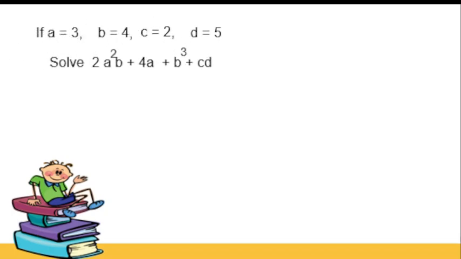Solve 2A squared B plus 4A plus B cubed plus CD, the product of C and D. So bring down 2, then get the value of A, which is 3, raised to the second power, times the value of B, which is 4, plus 4 times the value of A is 3, plus value of B is 4, raised to the third power, plus the product of C and D, which is the 2 and the 5.